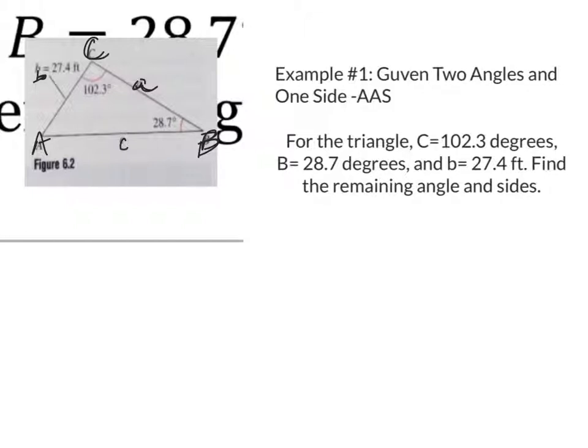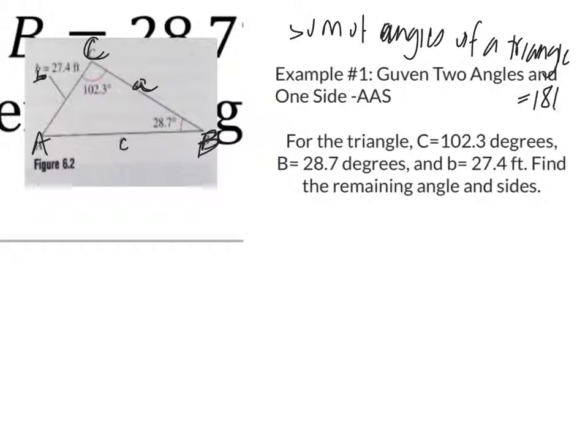So the first thing that we want to do, if you've been given two angles, is find the third angle, right? We know the sum of the angles of a triangle equals 180 degrees.